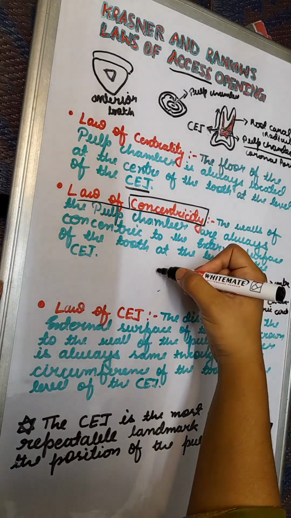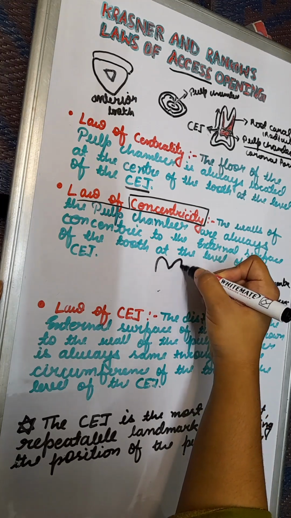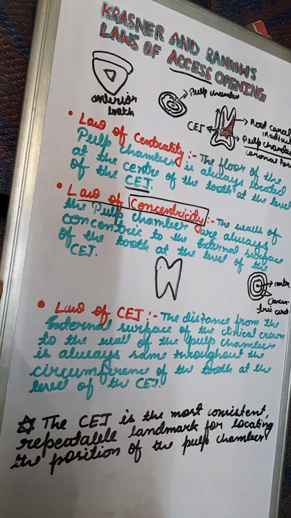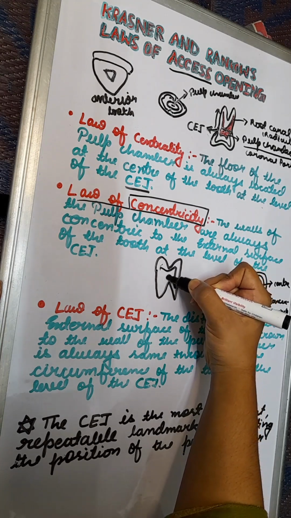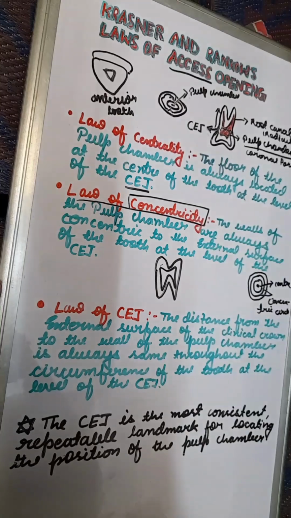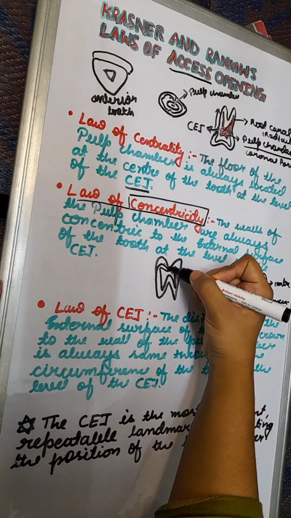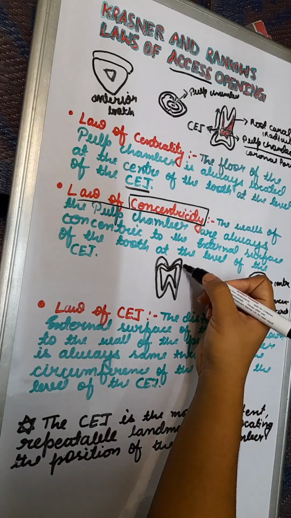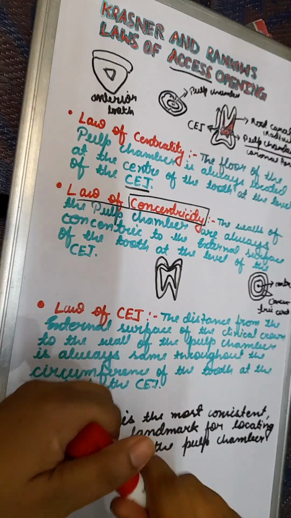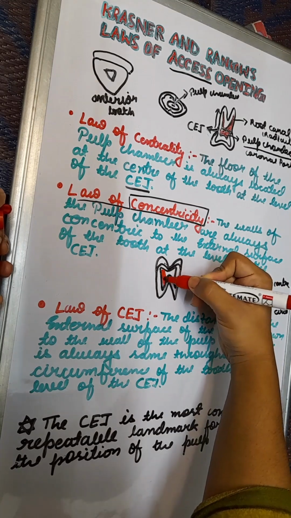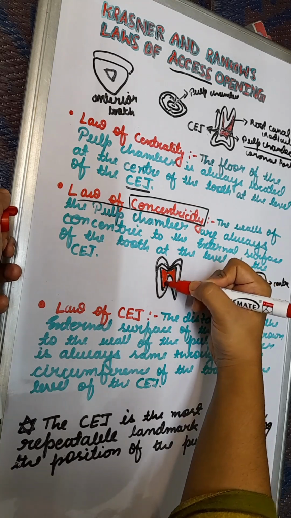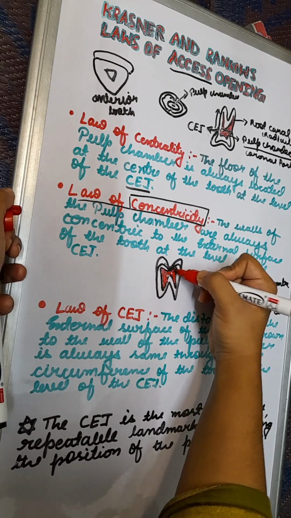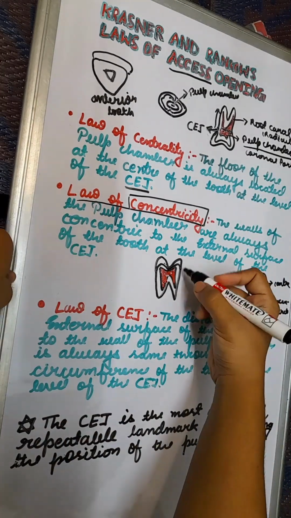So, if we consider the tooth as a circle, this is the central portion of the tooth.